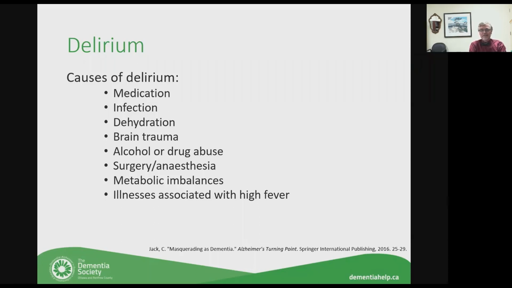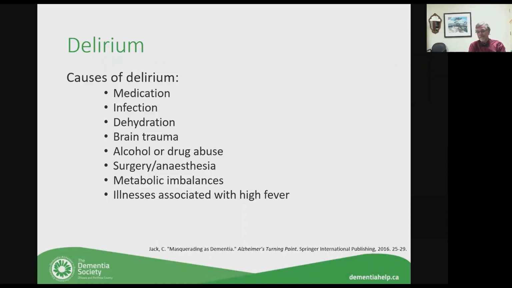So it's really important to be able to recognize when there is delirium. It's one thing to gradually change over time. The dementia is gradually progressing. It's a whole other thing if from one week to the next there's a huge change. So that's the importance of being able to diagnose the delirium, the acute change, which may be reversible, right?